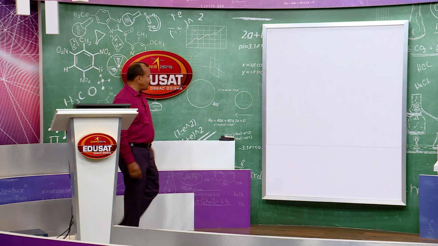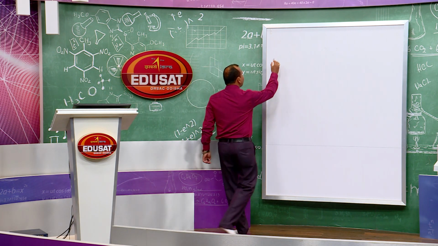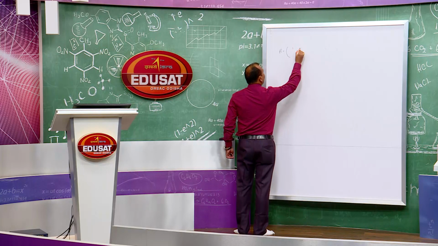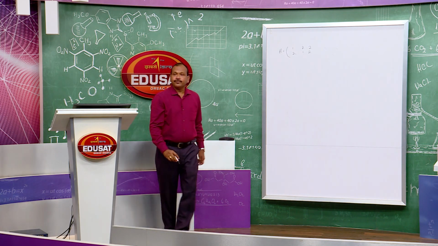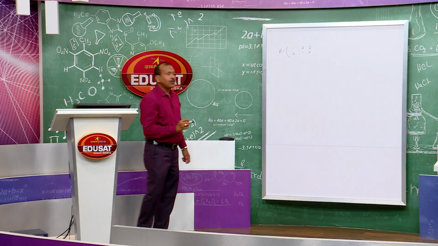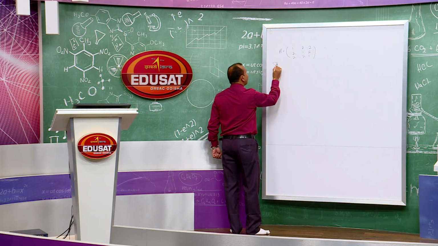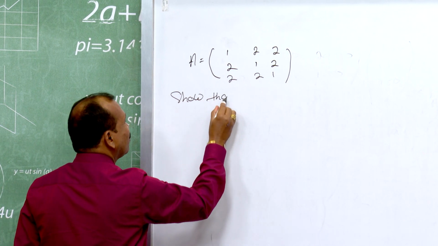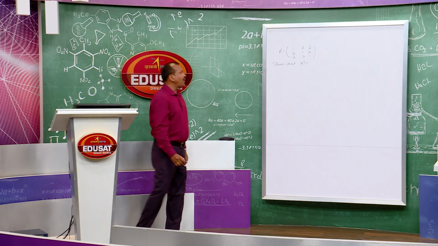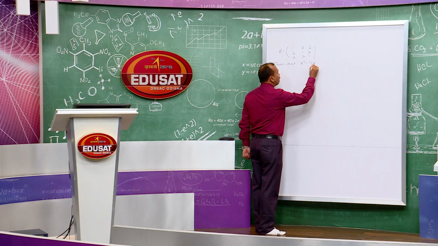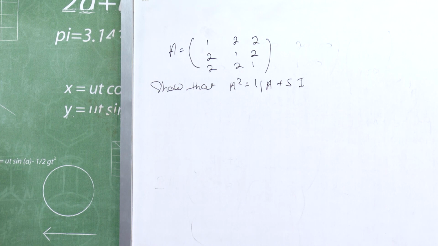Here A is the matrix 1 2 2, 2 1 2, 2 2 1, and I stands for the unit matrix.